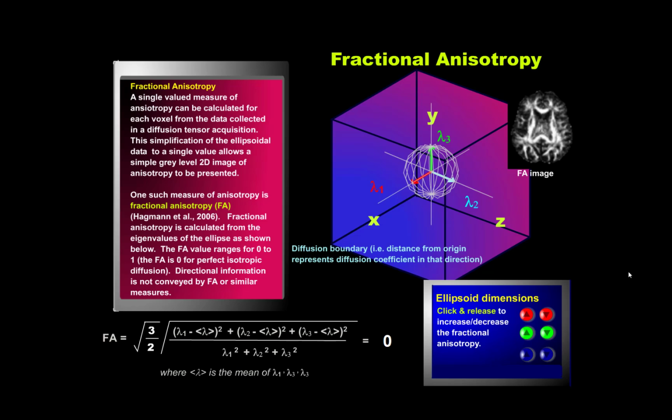So for example, again, if there was a fiber tract going through that voxel, you would expect it to be very anisotropic. So on an FA image, it would appear more intense, it would appear hyper-intense.